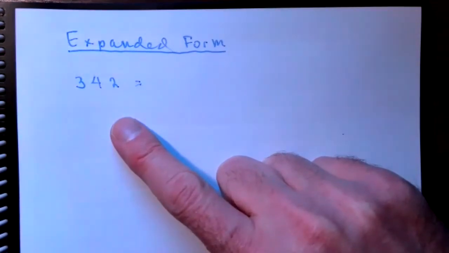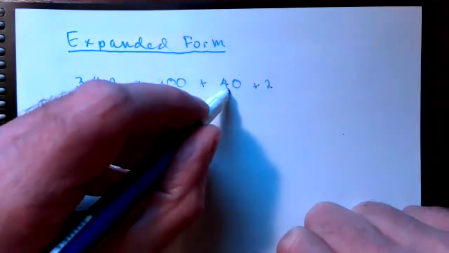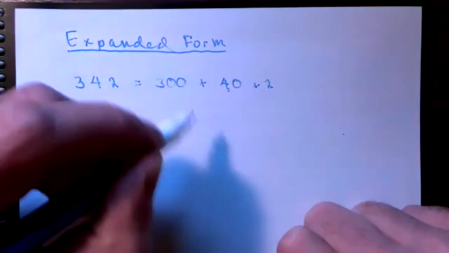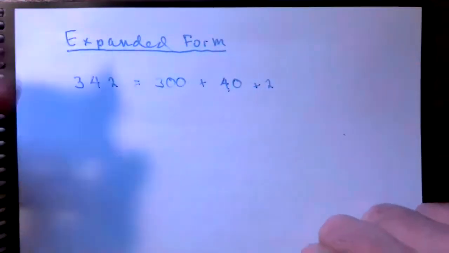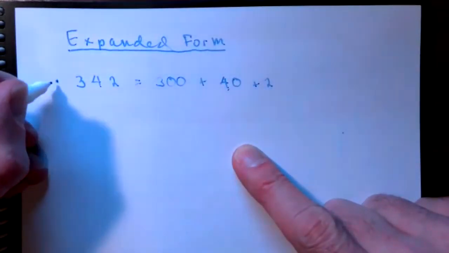This is something we talked about a while back. We didn't do very much with it. 300 plus 40 plus 2. Right. So basically the expanded form is kind of the way you say the word, right? You have 300, you have 40, you have 2, 342. Okay, that's the expanded form. So this is the basic review there.